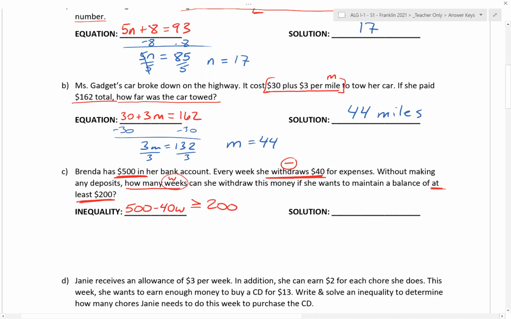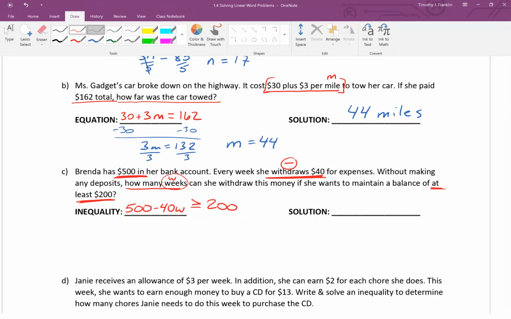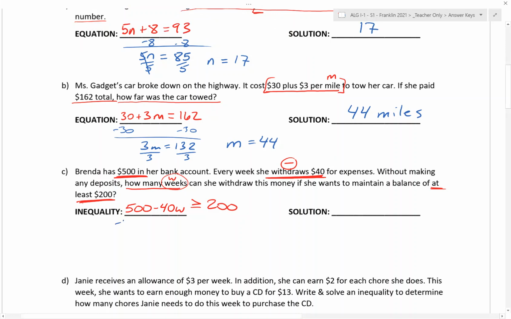So there's our inequality for this problem. Now let's solve it. We're going to subtract 500. So we get negative 40w is greater than or equal to negative 300.